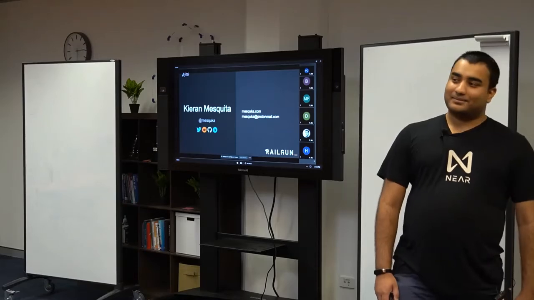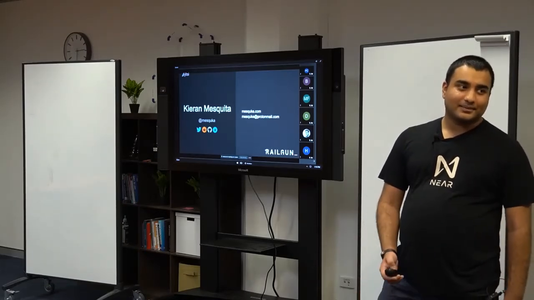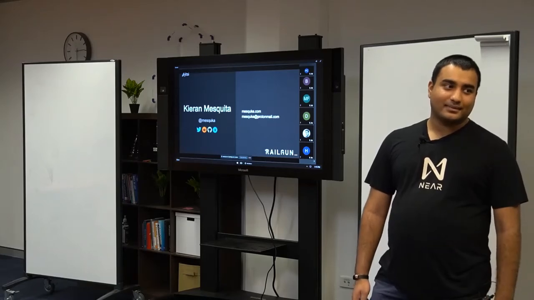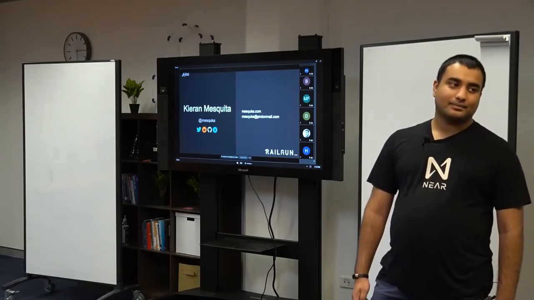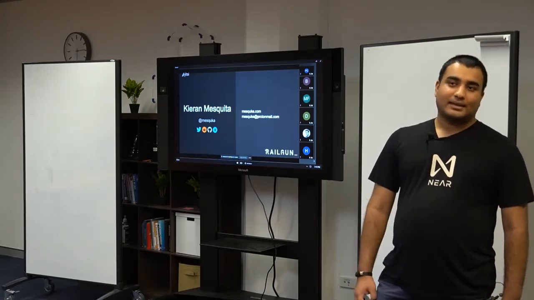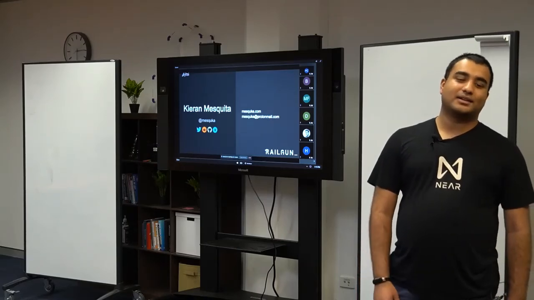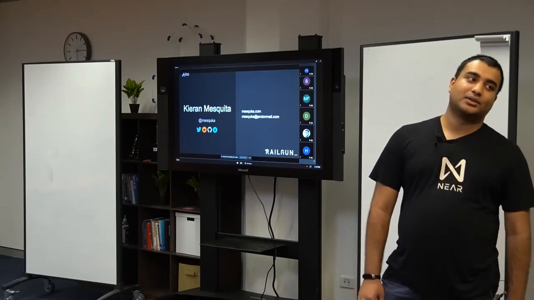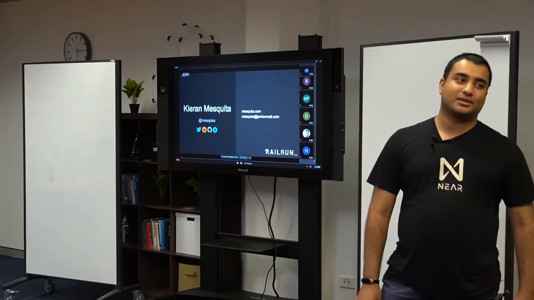So MEV seems like it would be a pretty big problem. I mean, something similar happened on Wall Street 10 years ago. Why is the current stance to minimize it and not fully get rid of it? From a blockchain or protocol level, it is almost impossible to eliminate MEV.